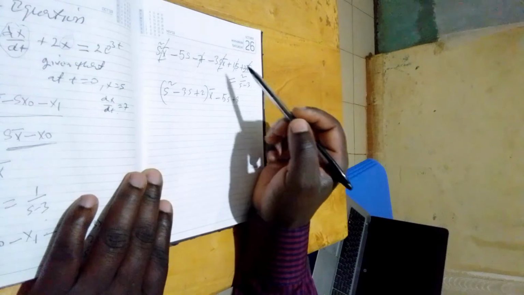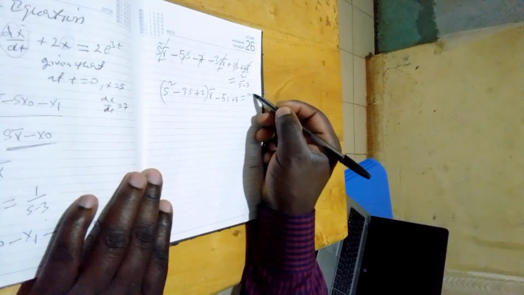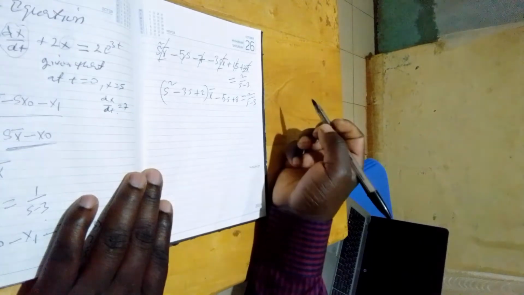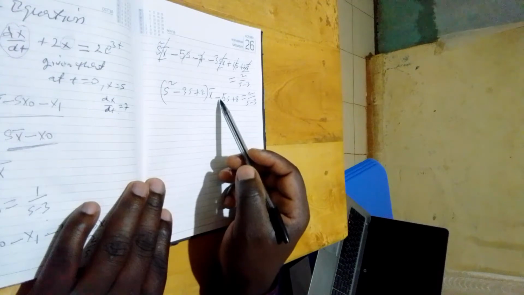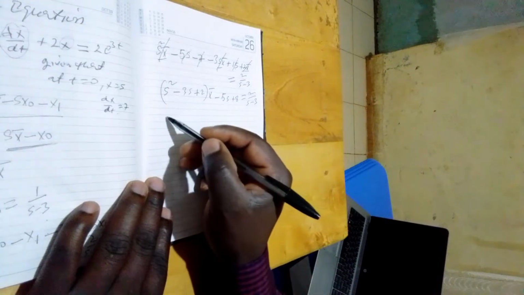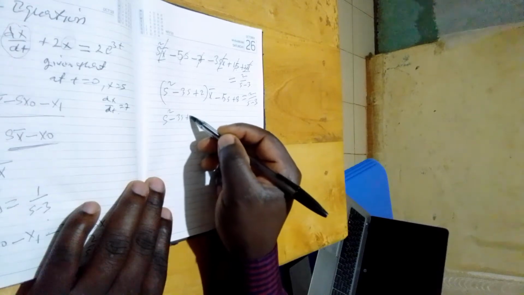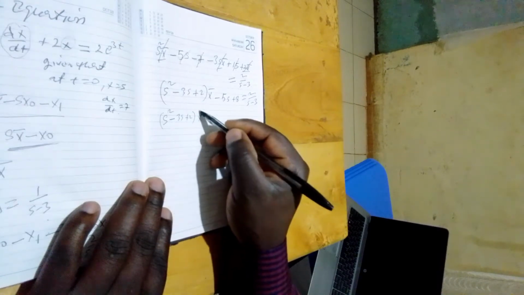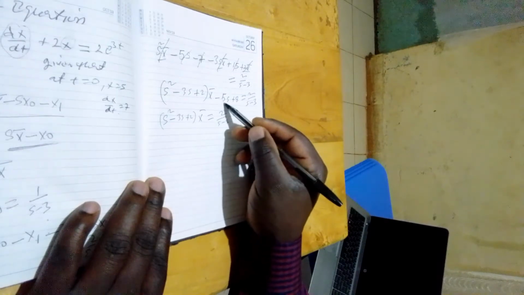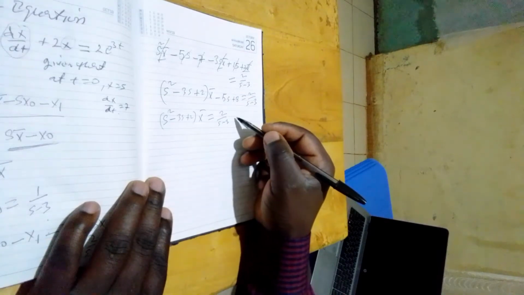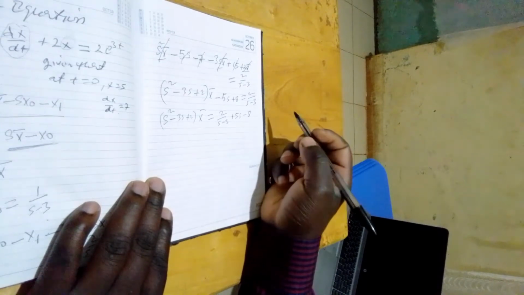This is negative 5s plus 8, equals 2 over s minus 3. So s² minus 3s plus 2 times x bar equals 2 over s minus 3. This crosses the equal sign, it becomes plus 5s minus 8.